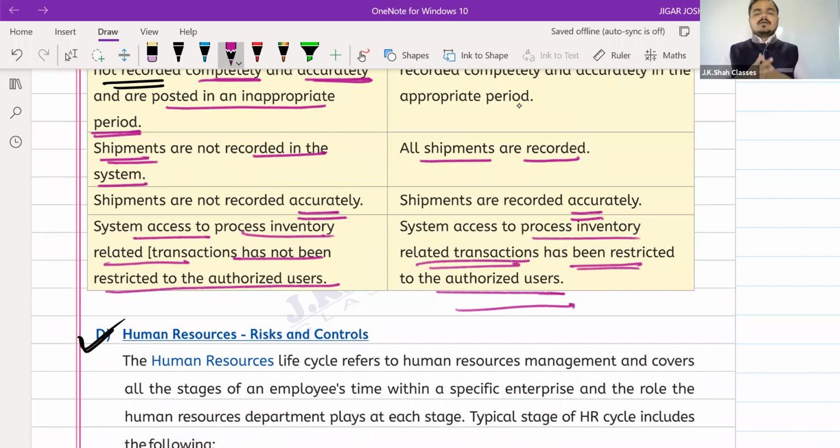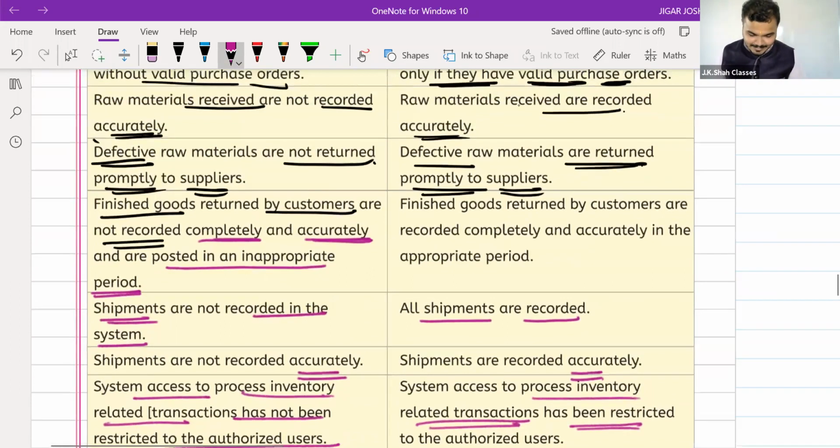Yes, sir. So this is people inventory. Please, I give you 2 minutes right now. Time, my dear children.